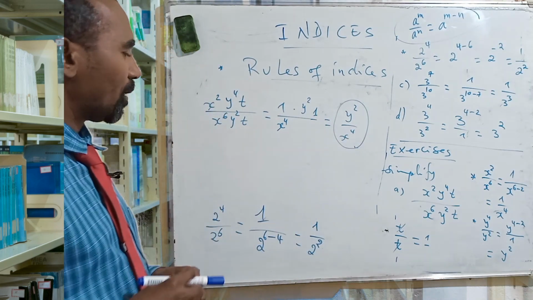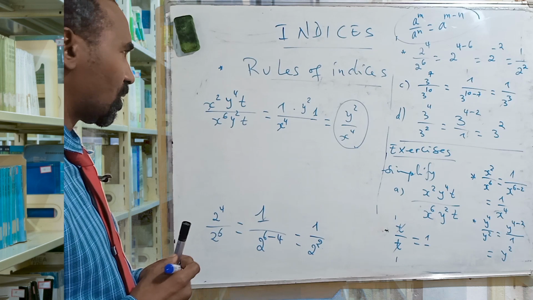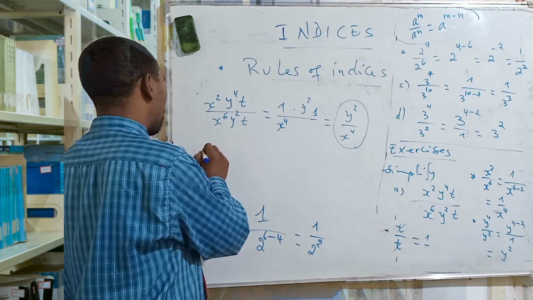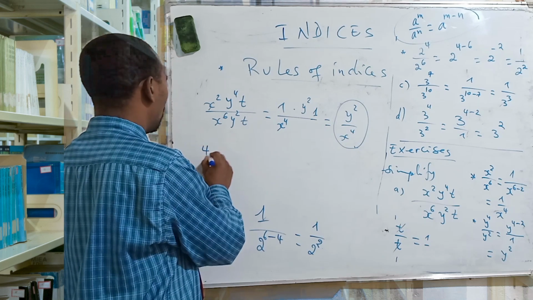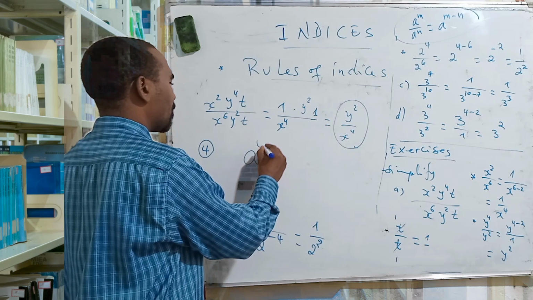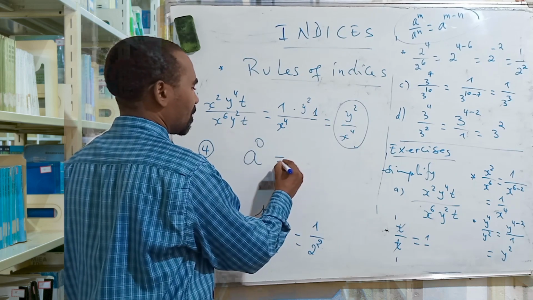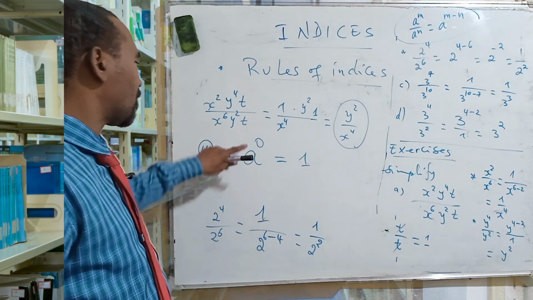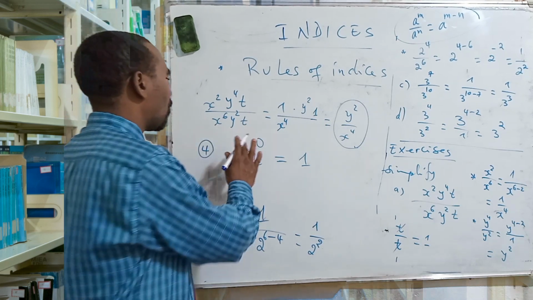The last property of today I want to share with you is property number 4, that a power 0 is always equal to 1. Any number you have to power 0, it will be 1.